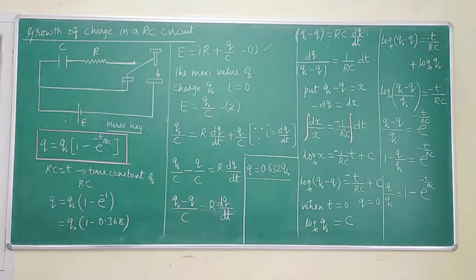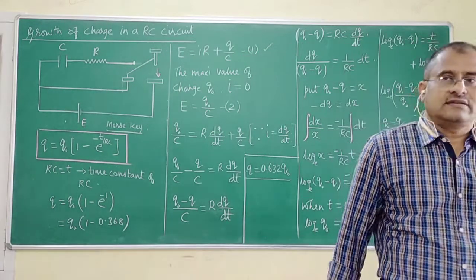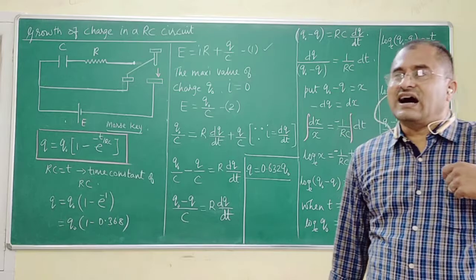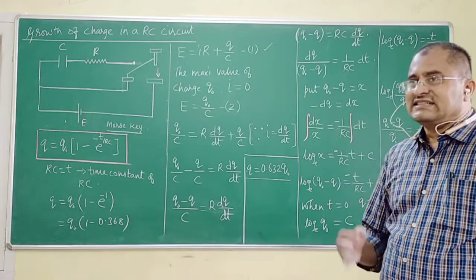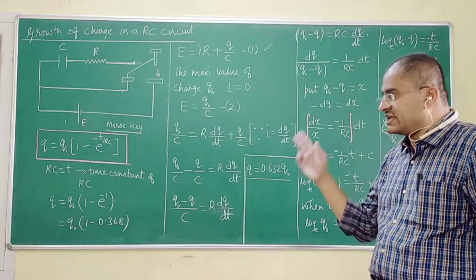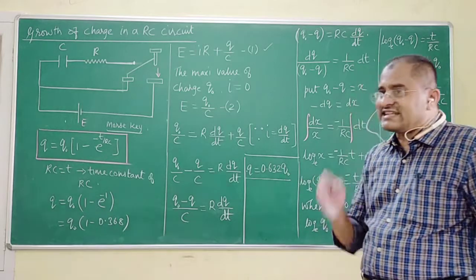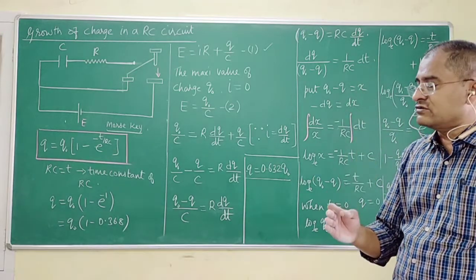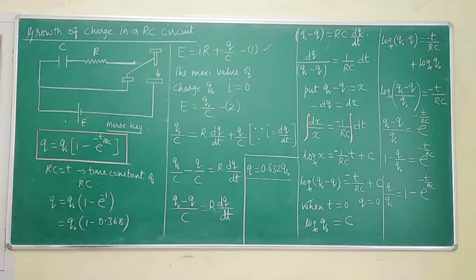I repeat, the time constant RC of an RC circuit is defined as the time taken by the charge to reach 0.632 times its maximum value Q naught. Now this has to be plotted in a graph.